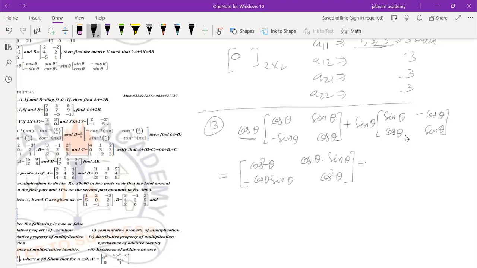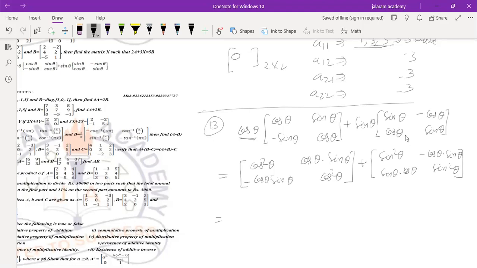Similarly, when we multiply sin theta, which is a real number, with all the elements of the second matrix, what will we get? Sin square theta, minus cos theta sin theta, sin theta cos theta, sin square theta.